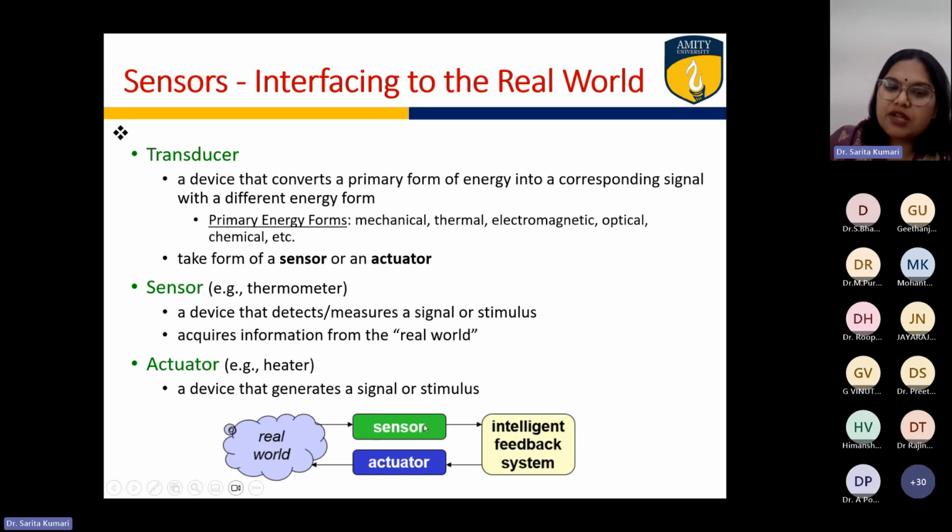Sensor and transducer go hand in hand, and the sensing part of the transducer is called a sensor. It will sense the change in parameter from the real world, and based on the intelligent feedback system or the processing system, it will drive the actuator to make the correction in the system.